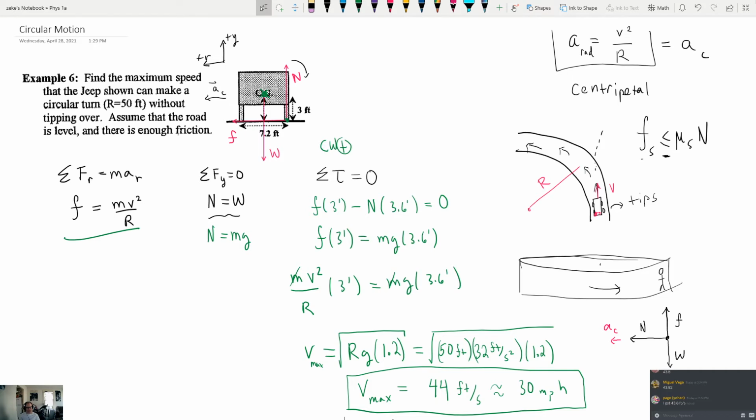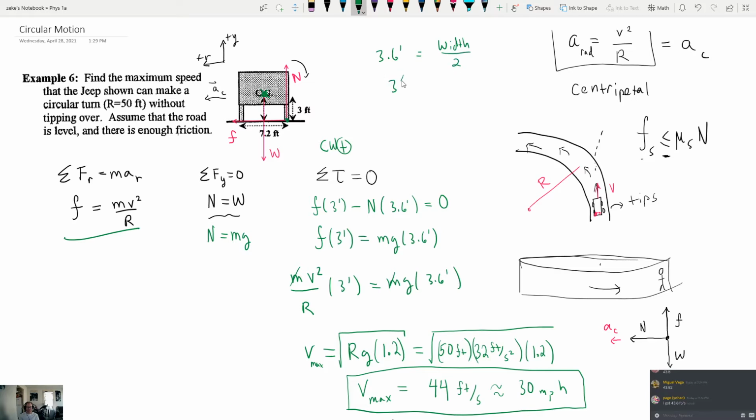So ultimately, the thing that really determined how fast this person could go was basically the ratio of the width to the height. So notice that 3.6 feet is equal to half of the width of the object, right?